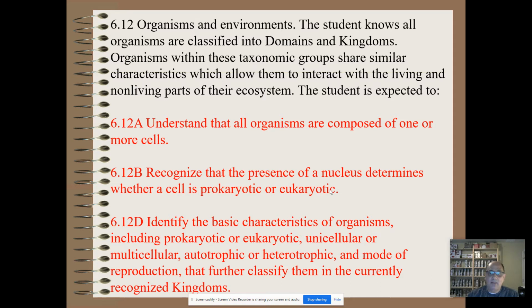And we're going to identify the basic characteristics of an organism, including prokaryotic and eukaryotic, and whether a cell is unicellular, multicellular, autotrophic, heterotrophic, how it reproduces, right? That makes a difference. And we're not going to worry about classifying the kingdoms at this point. We are just going to work with cells because our first unit, again, is going to be over cells.